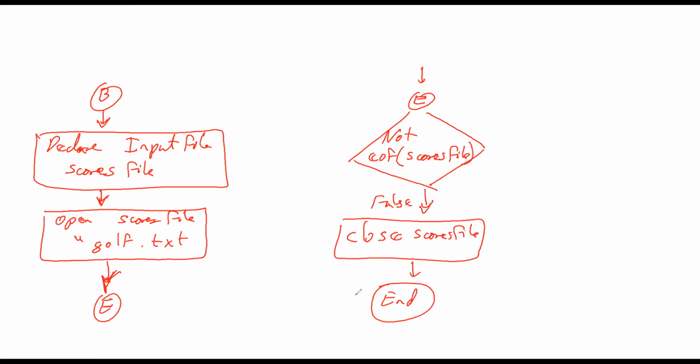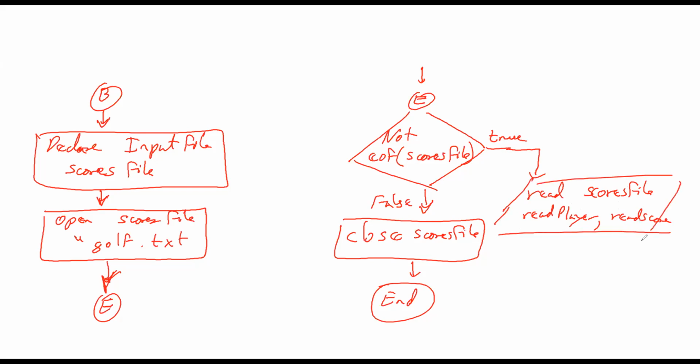However, the very last part is if this is true, we're going to read from scores file, read player, and read score. Okay, so now we're reading from the file like that.